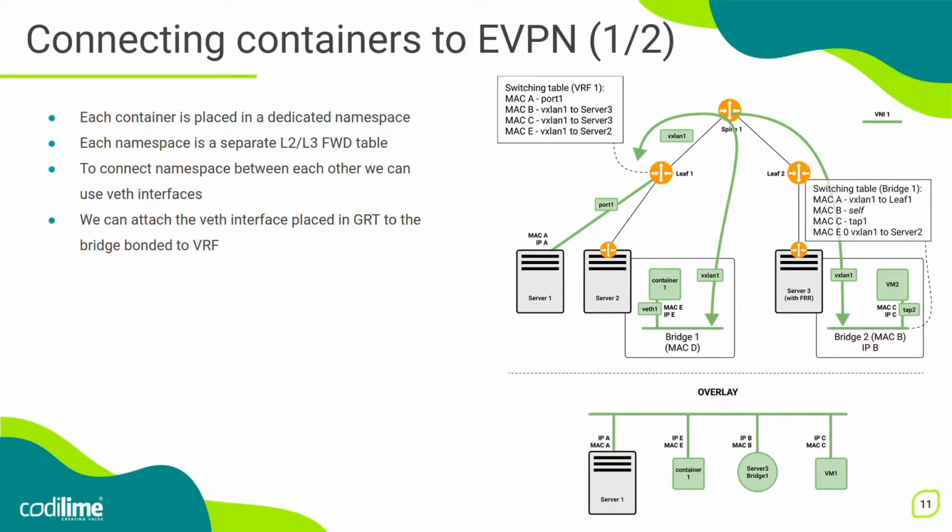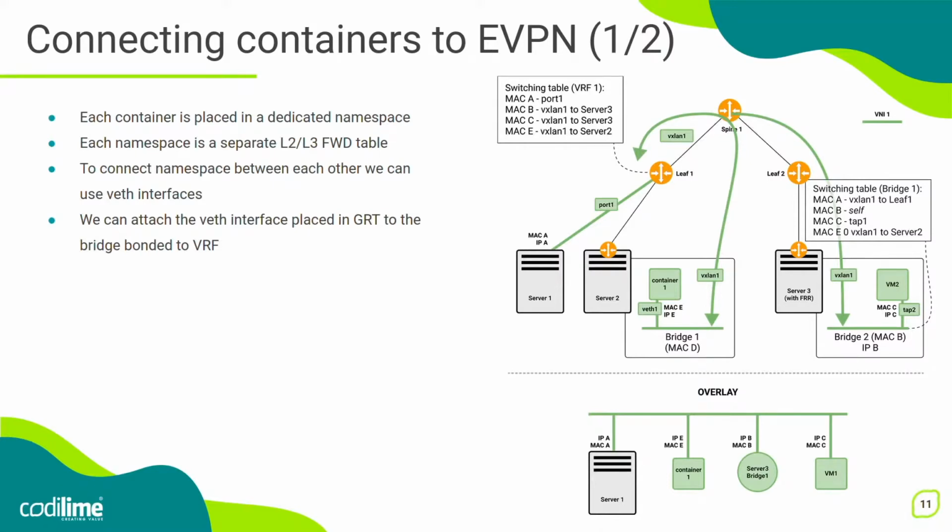We can use Linux namespaces for that. Generally, a Linux namespace is a separation of all network things within the same operating system. We have a global namespace, which always exists, but we can create a new namespace.